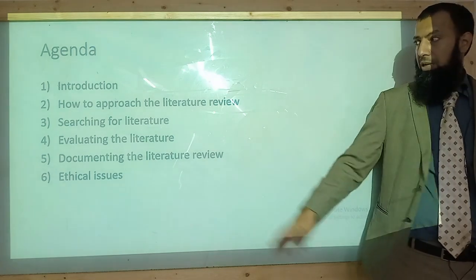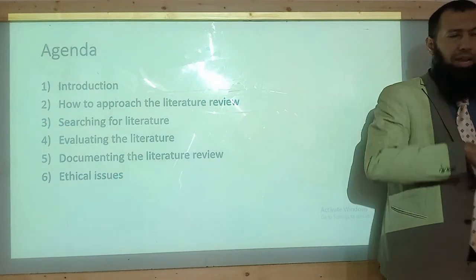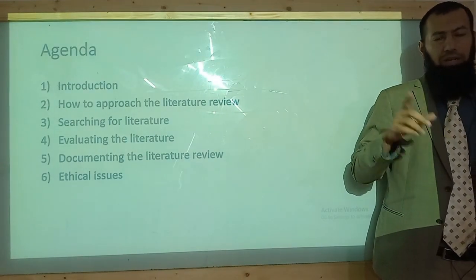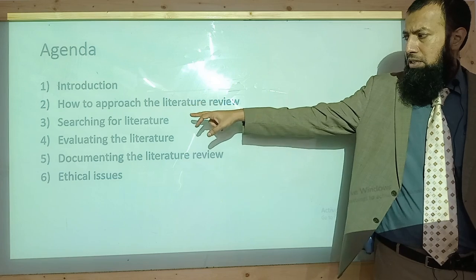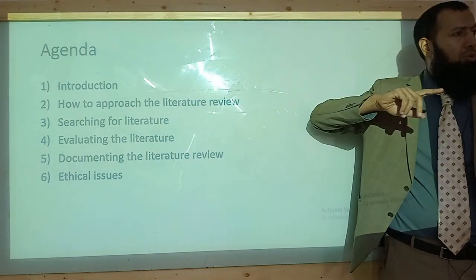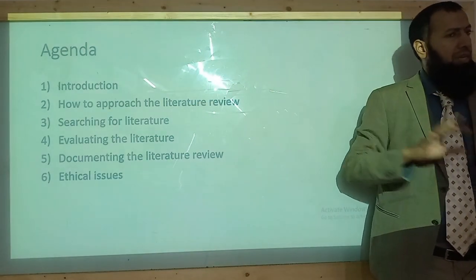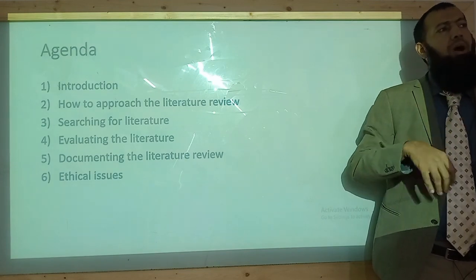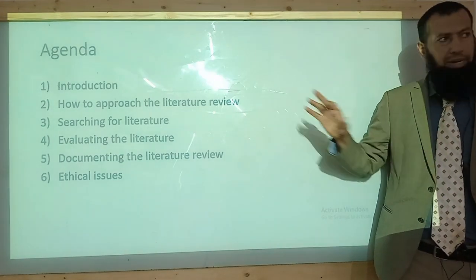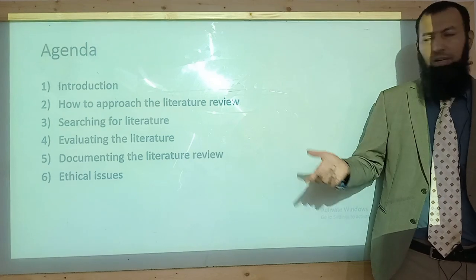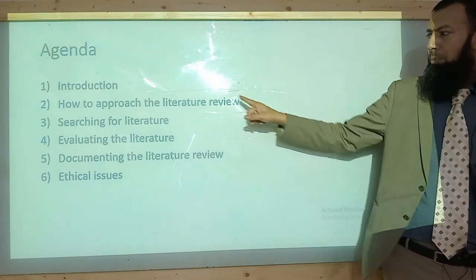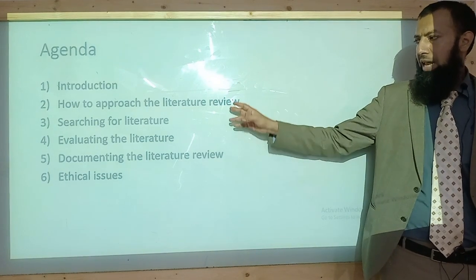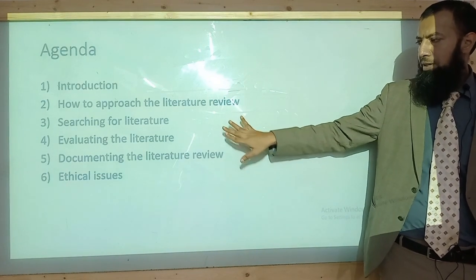For searching literature, if I forget, remind me: I will go to the search engine and show you how to search the literature, because it has to be in an applied manner, not theoretical.